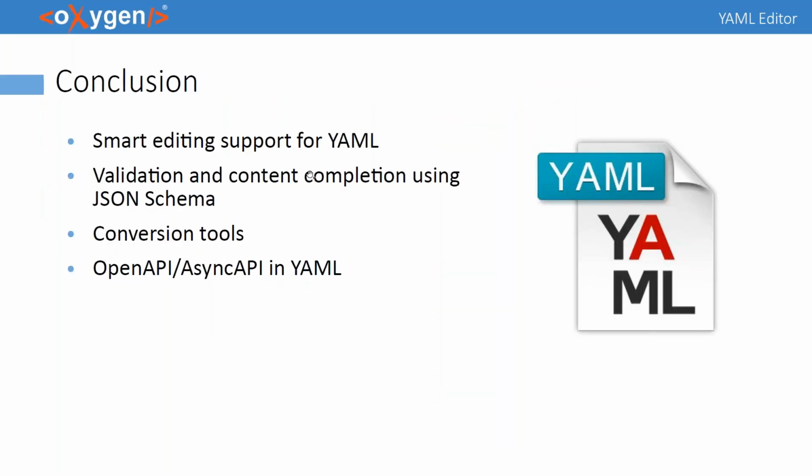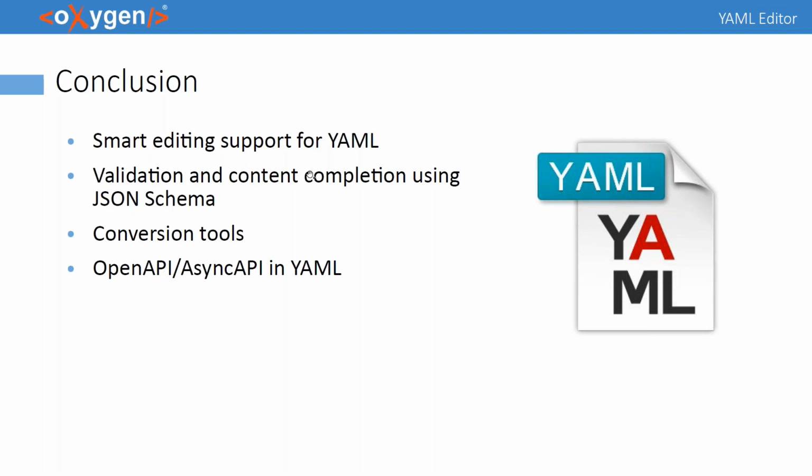So as a conclusion, Oxygen provides support for editing YAML documents, and it has smart editing support based on JSON schema with content completion, with validation. It has also conversion and refactoring tools. You can also use the batch validation or the batch conversion tools.